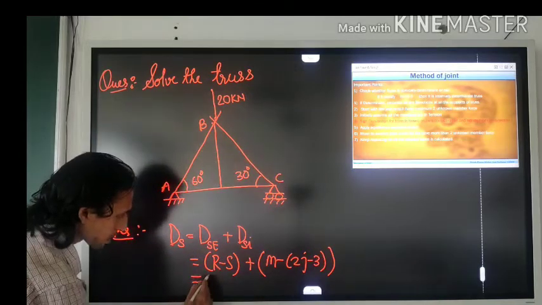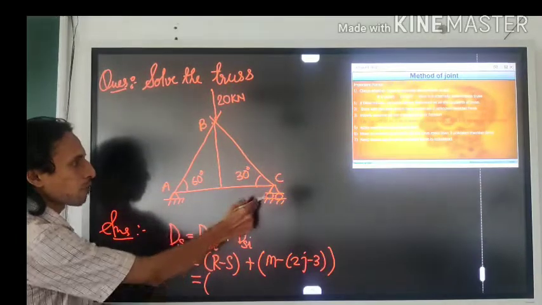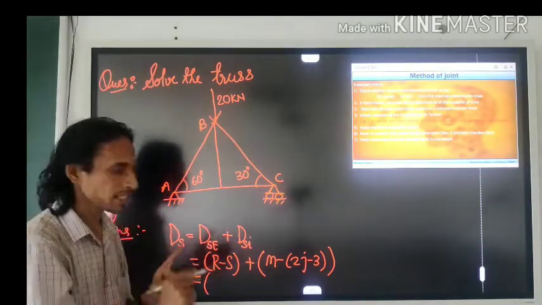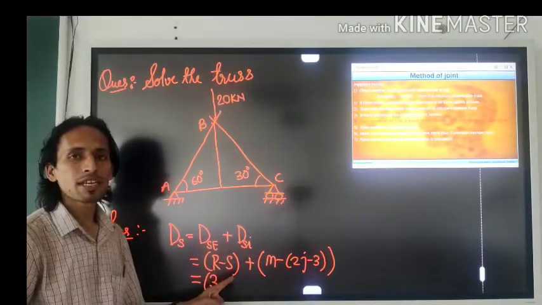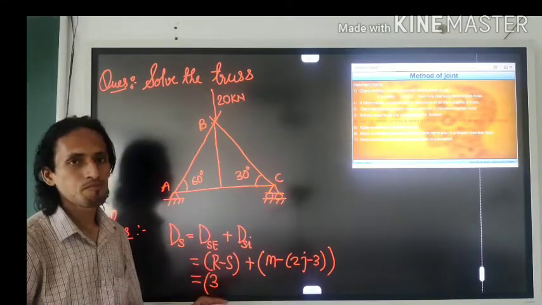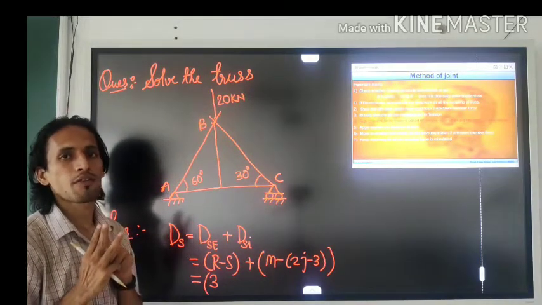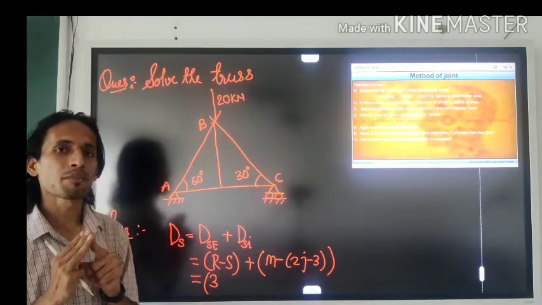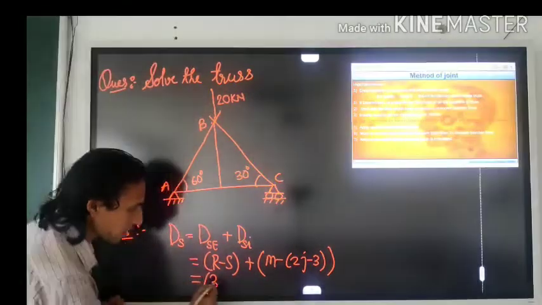What are the reactions? For a hinge support there are 2, for a roller support there is 1, so the total reactions are 3. The number of equilibrium equations is 3: summation of Fx is equal to 0, summation of Fy is equal to 0, and summation of moment at any point P is also 0.